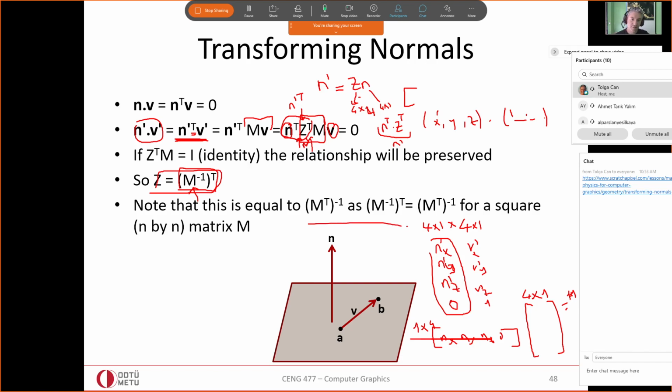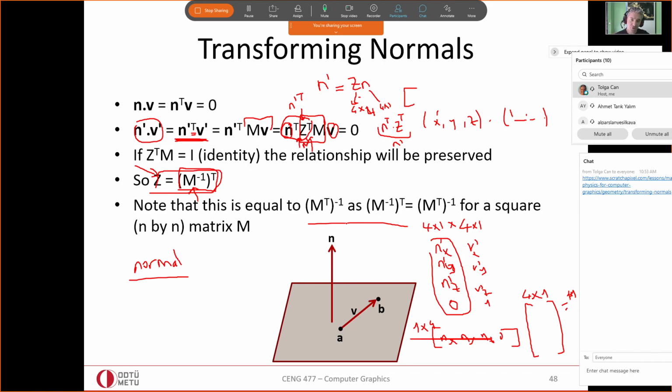I mean, these two entities are equal, and therefore we find our normal transformation matrix. So this Z is sometimes called the normal transformation matrix, which we will need especially when we have a non-uniform scaling. Okay, so this side note was about how we transform our normal vectors correctly.